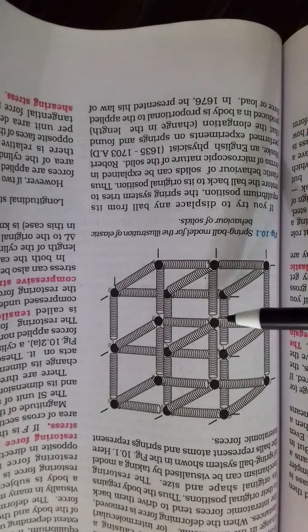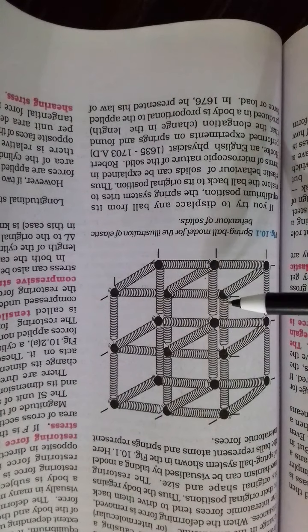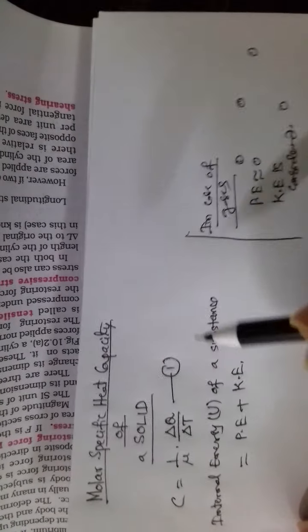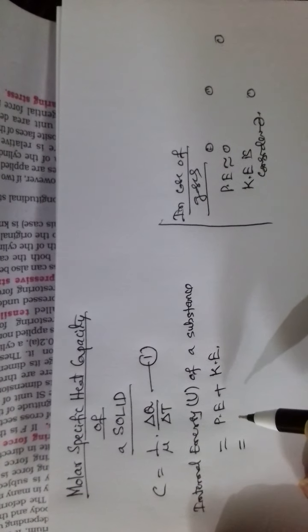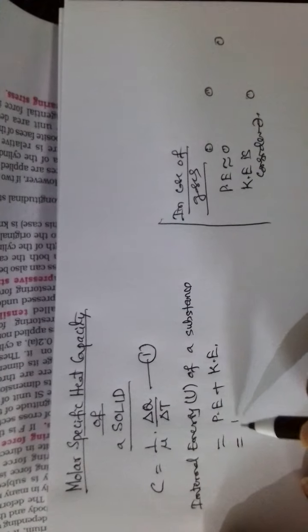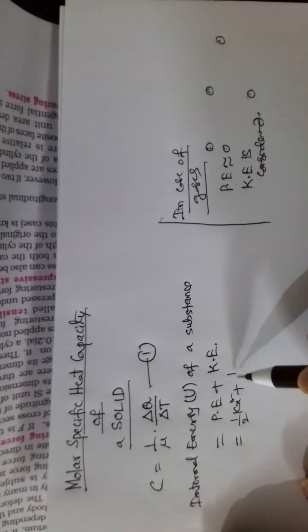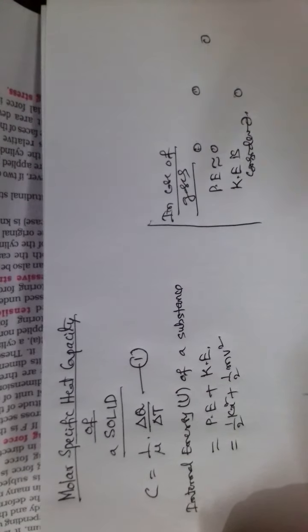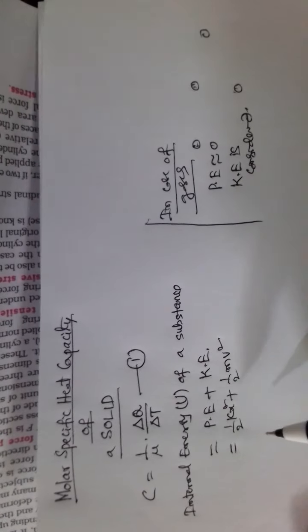And since they are moving with certain velocity to and fro, they will possess some kinetic energy of half mv square. So I can write here, in place of potential energy, elastic potential energy, that is 1 by 2 kx square, and kinetic energy means half mv square. Now we make use of the law of equipartition of energy.